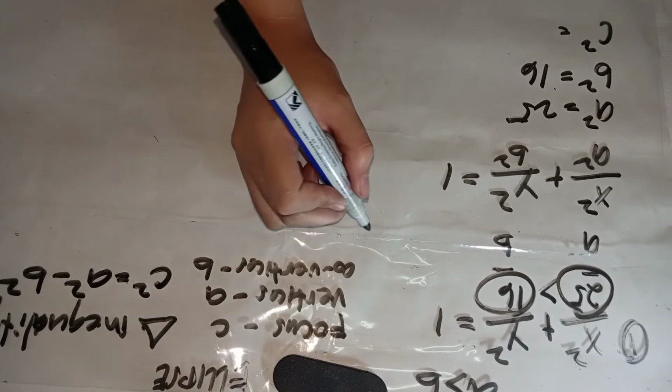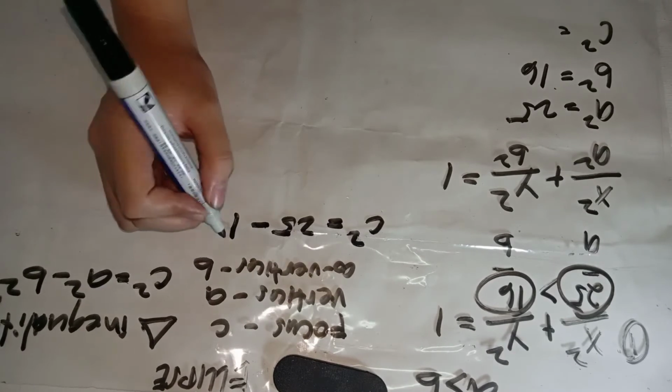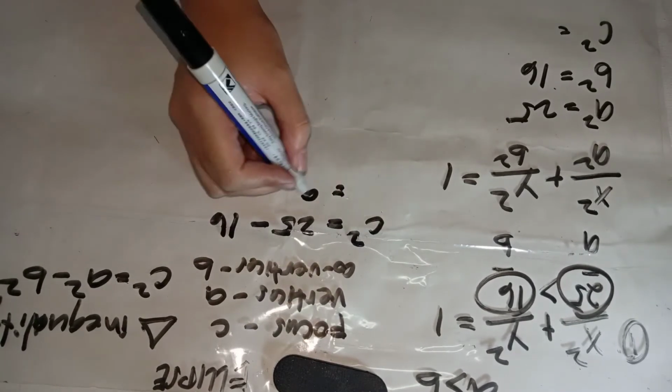Okay? Let's substitute the values here. So, c squared, what is the value of a squared? It is 25 minus, what is the value of b squared? 16. So, 25 minus 16 is equal to 9.